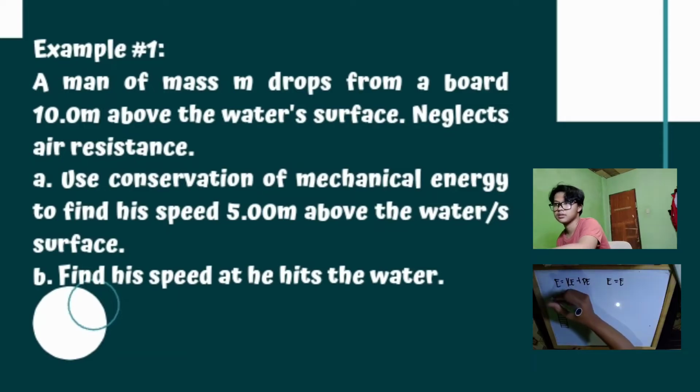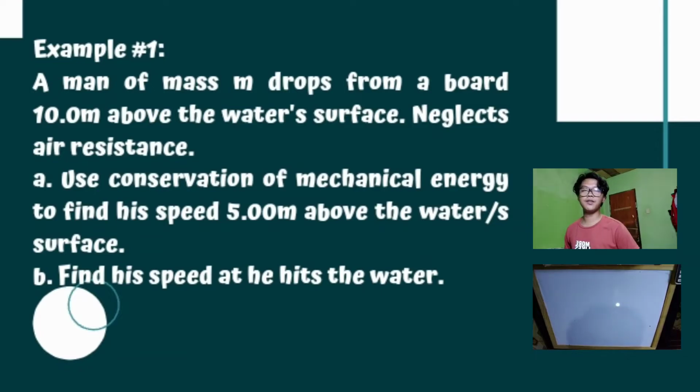So, 5.00 meters. As the diver falls, only the force of gravity acts on him. Again, we neglect the air resistance so that the mechanical energy of the system is conserved. And we use the conservation of energy for both parts.